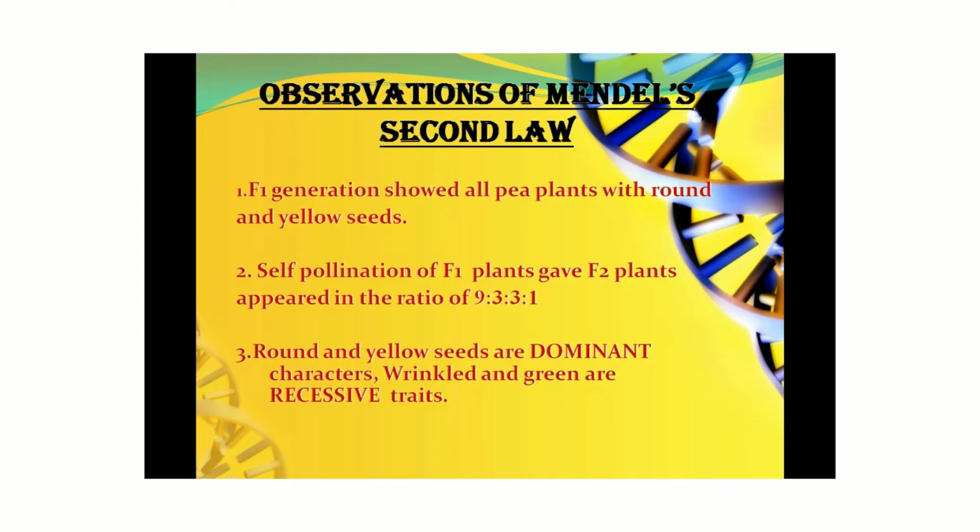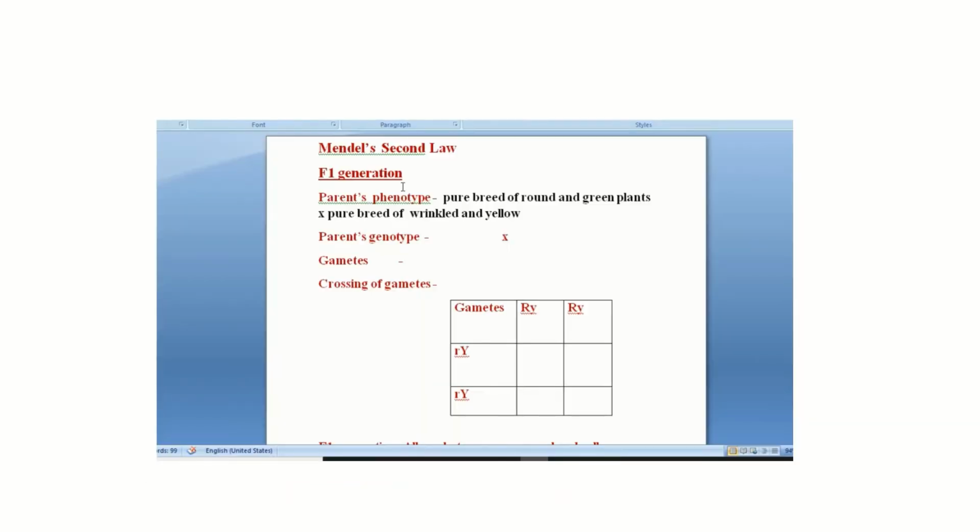Now we will see the working of Mendel's second law, for the F1 generation and the F2 generation. In the F1 generation, as I told you, we need to follow these headings: parents' phenotype, parents' genotype, gametes, crossing of gametes, and F1 generation. The same thing we have done for Mendel's first law also. The parents selected here are a pure breed of round and green plants, cross-pollinated with a pure breed of wrinkled and yellow.